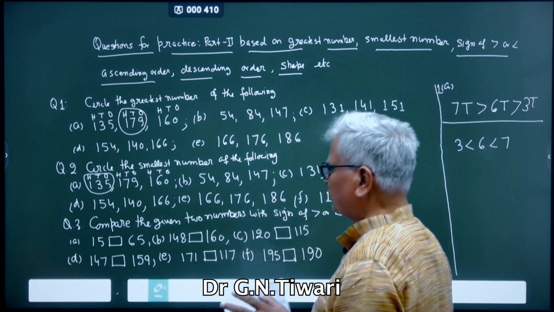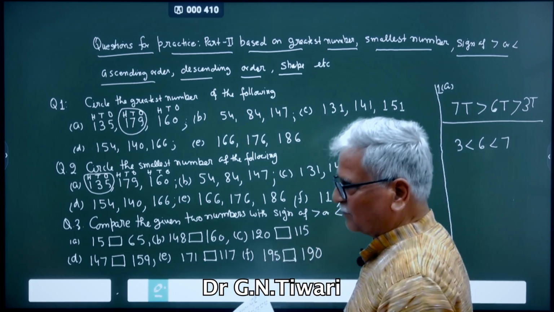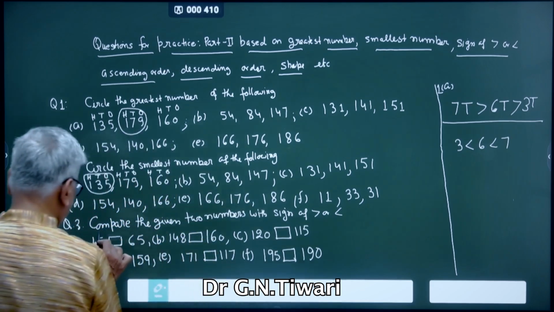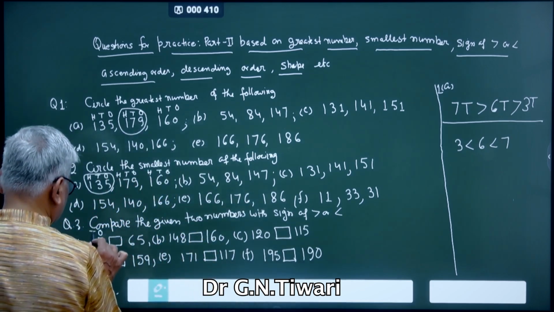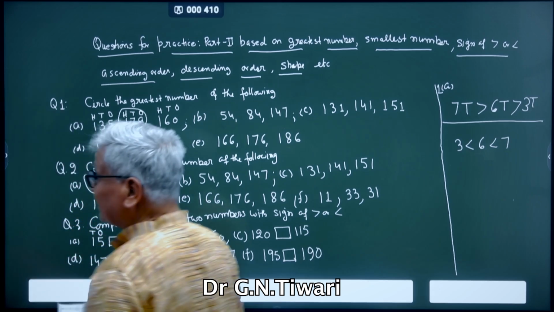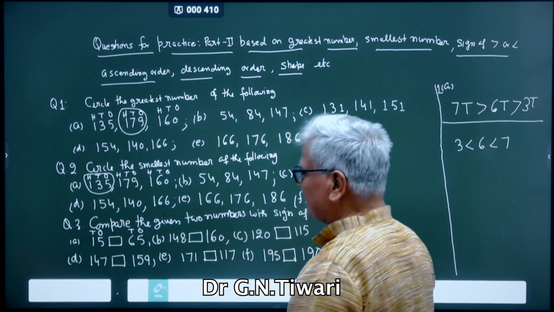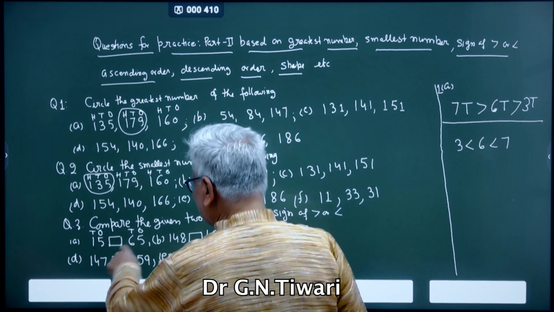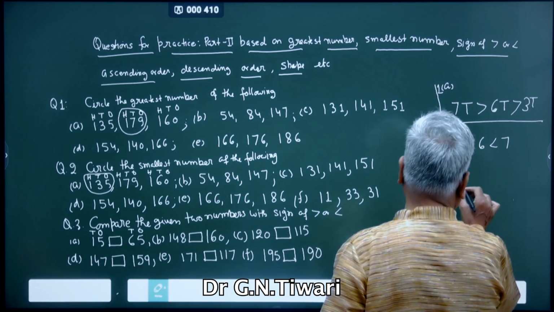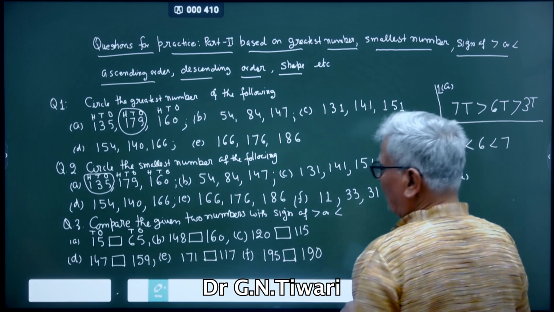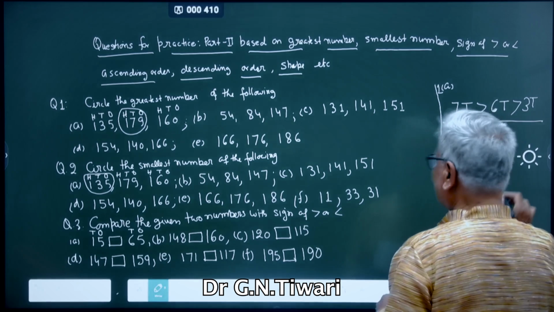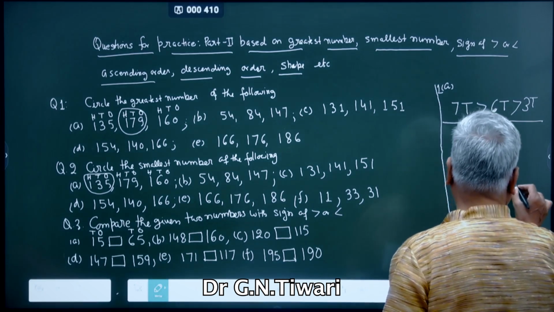Here I also give an example. I do one for you. Just see here, O and T. Just see at tens, 1 is less than 6. This is question 3A. 1T is less than 6T.